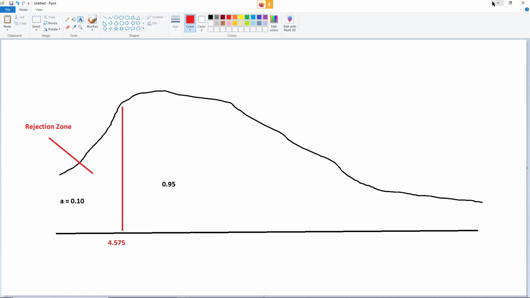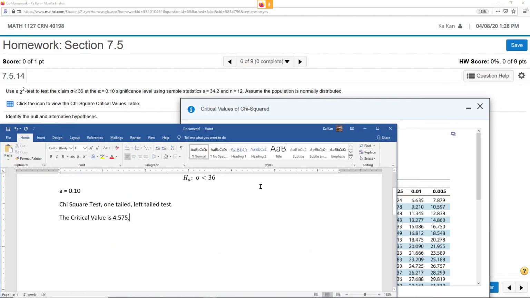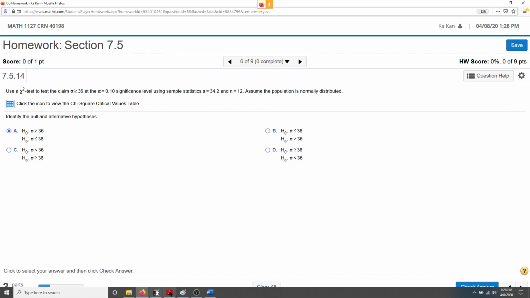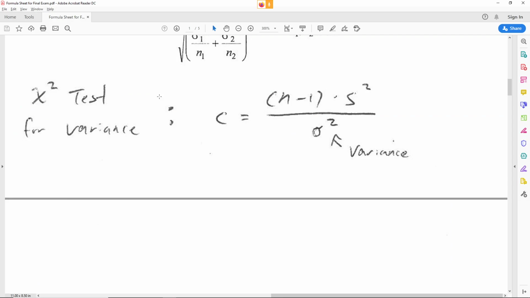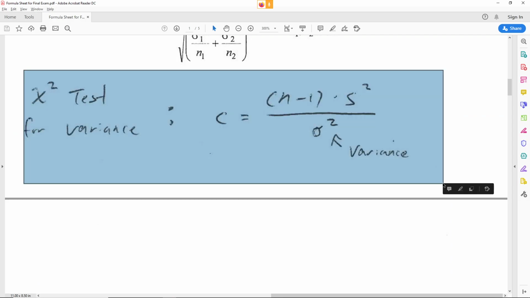So now let's see what's going to happen with this one. Understand that for us, we have to use this formula. If you go back to the formula sheets I sent you, this is the formula right here. Chi-square test. It's probably easier just to use this than anything else. I know your calculators have some shortcuts, and I know some of you can go on Google and find those calculators. This is probably the best way to do it.